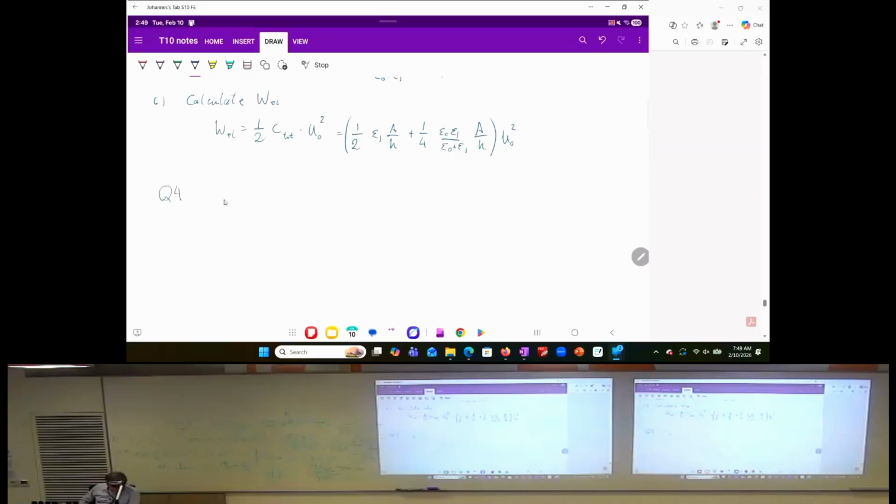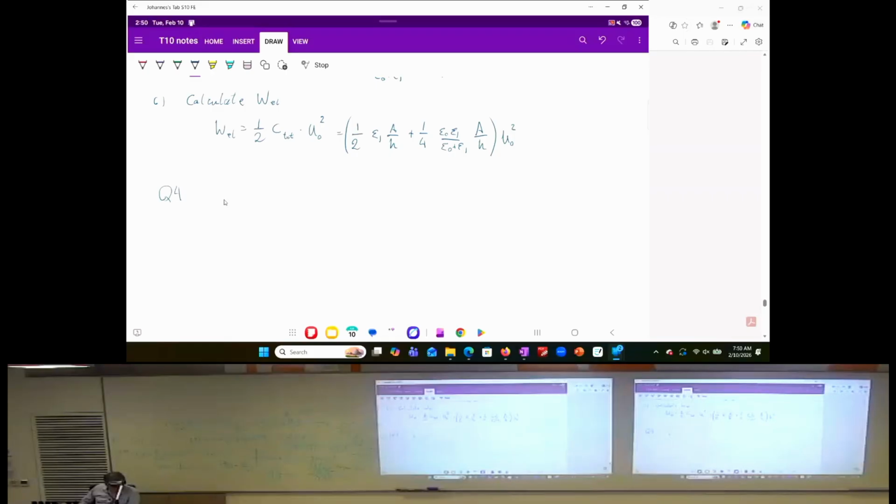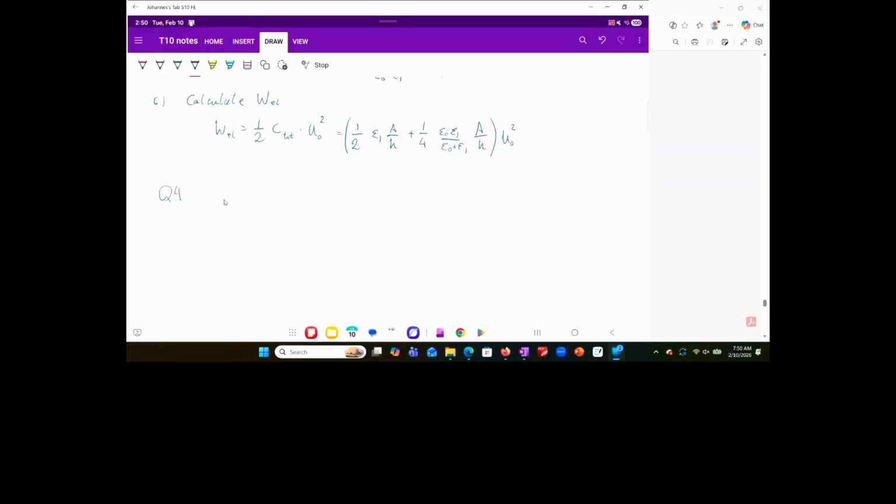Each of the mobile carriers has a charge Q. The particle density of the mobile carriers in the material is n, the small n. Under the action of an electric field, the carriers move at a mean drift velocity v. Calculate the power which is delivered by the electric field to one single mobile carrier.